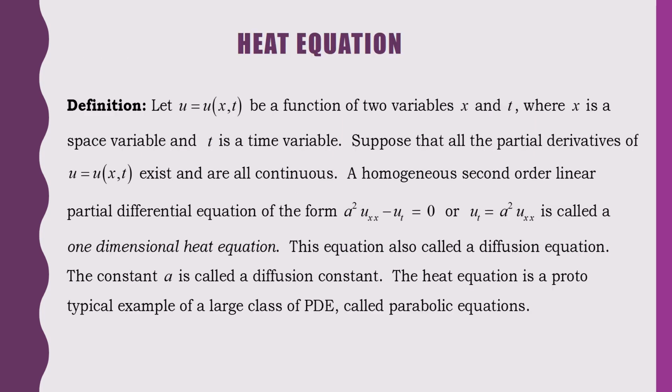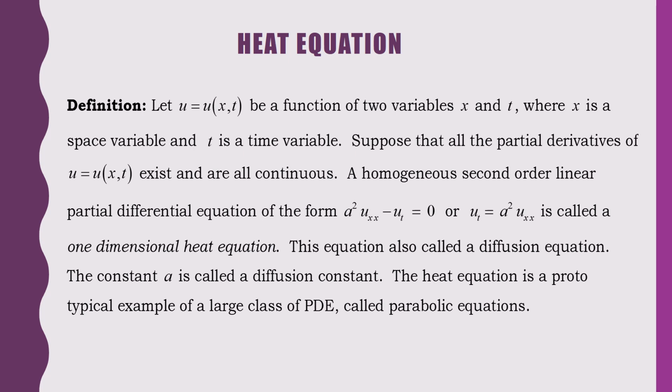In this lecture series, our main concentration is on two types of PDEs. Number 1, heat equation. Number 2, wave equation. These two are examples of second order linear PDEs. Let us see what is a one-dimensional heat equation.